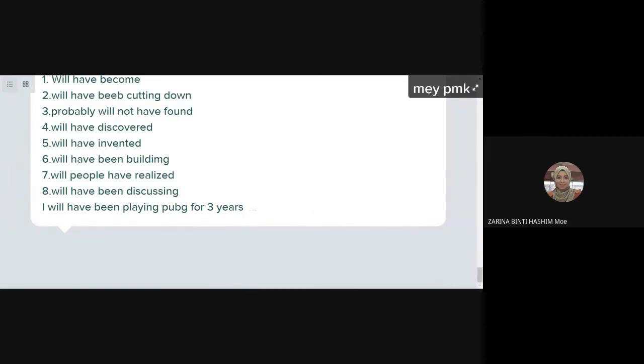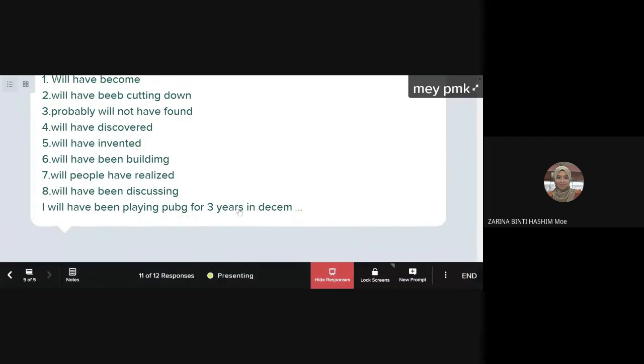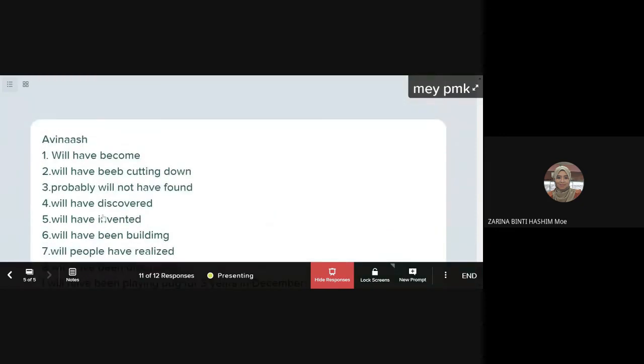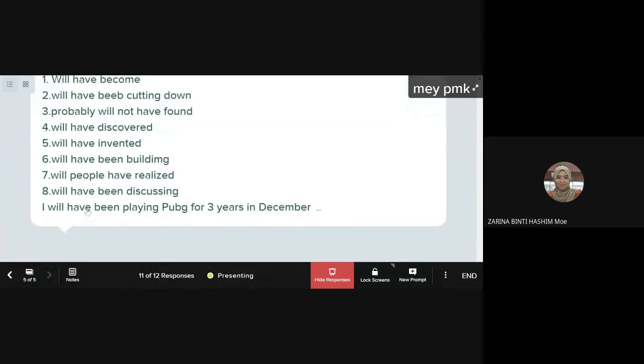PUBG, you have to put all in capital letters, because that is the specific name. So Avinash, please work out the future perfect simple. This one is the future perfect continuous, so one more sentence for future perfect simple.